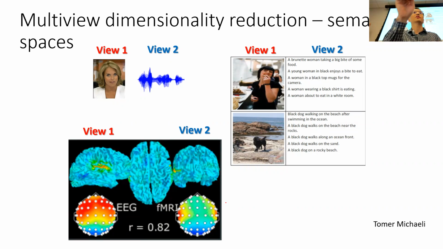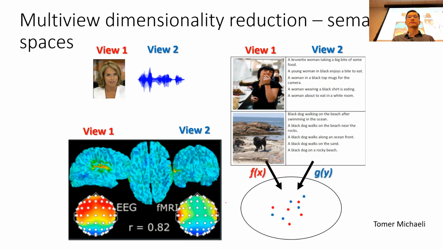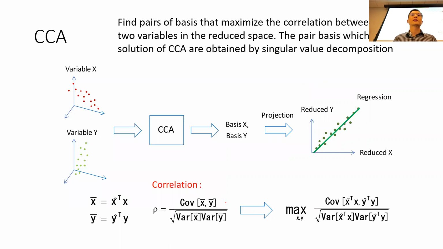Okay, we are dealing with a multi-view, high dimension data set problem. How do we do this?